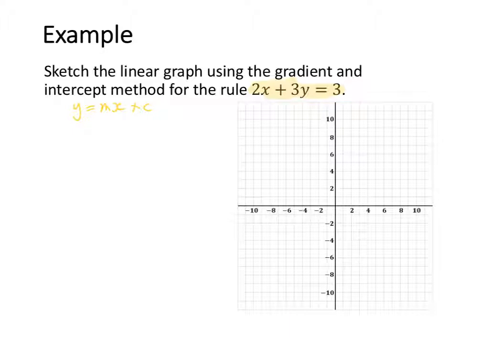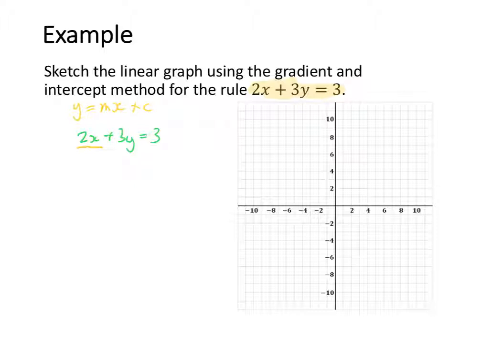Starting off with my original of 2x plus 3y is equal to 3, I want to work out how to get y by itself by doing a step-by-step rearrangement. The first part of the equation I want to rearrange is 2x. At the moment, I am adding 2x onto 3y.